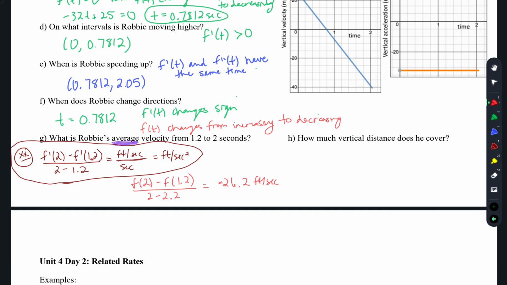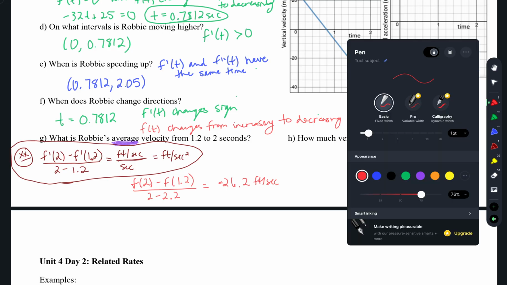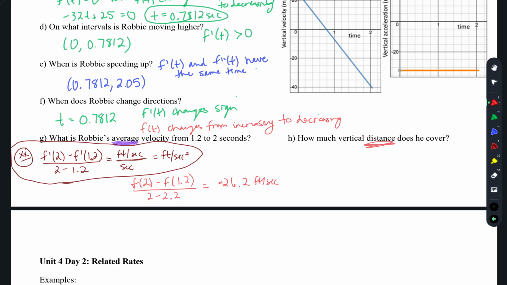This one, I don't know if I care about this, but the vertical distance. So vertical distance, this is all just normal f of t because you're talking about a position. We're not talking about a rate. We're not talking about acceleration or gravity. So for distance, what you're going to be using is absolute value.